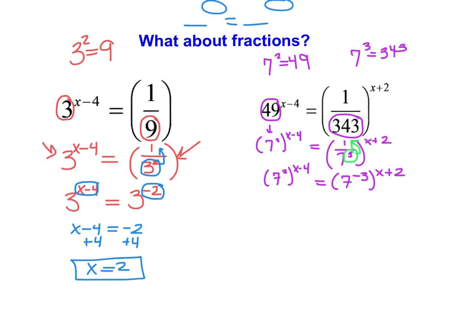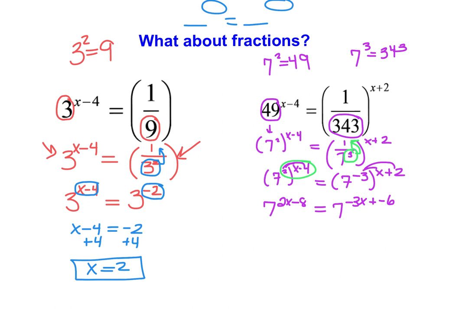Then from here I can utilize the powers to powers, so this really becomes 7 to the power of 2x minus 8 is equal to 7 to the power of negative 3x plus a negative 6, or minus 6, however you like to think about it. Remember that you have to multiply both terms by that exponent attached to the 7.